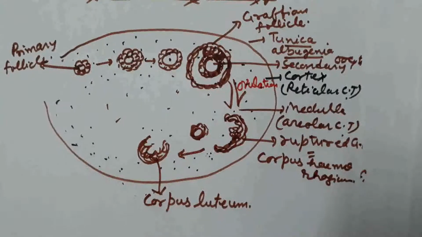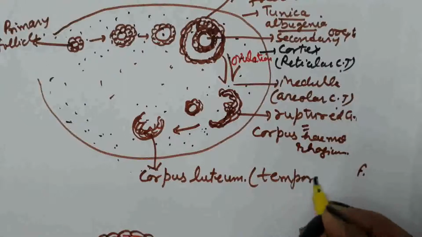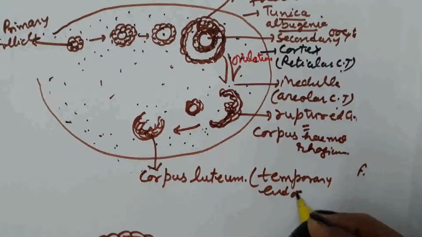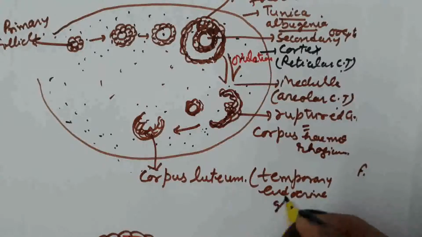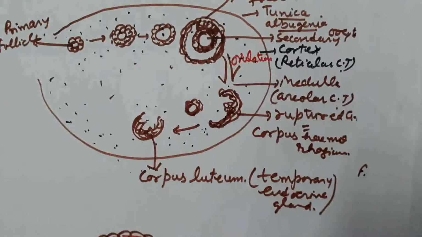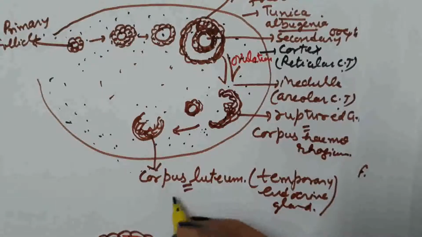It acts as a temporary endocrine gland. If fertilization takes place, this corpus luteum persists throughout the time of pregnancy and releases the hormone progesterone, which helps in the placenta formation.